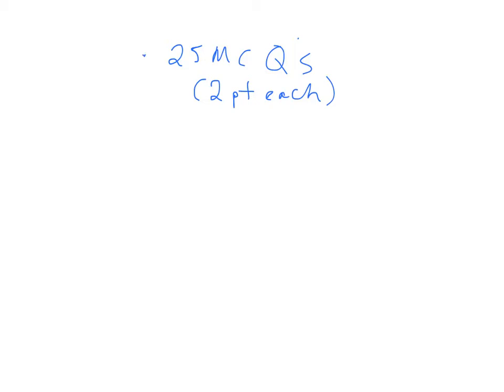Actually, I'm thinking there might be 26 multiple choice questions, because then it makes it worth 52 total. And then your other section is worth a total of 48 points.